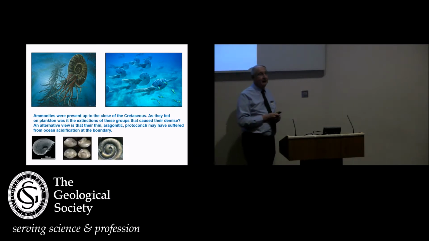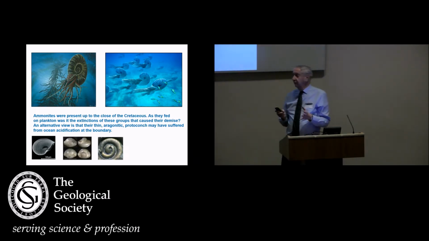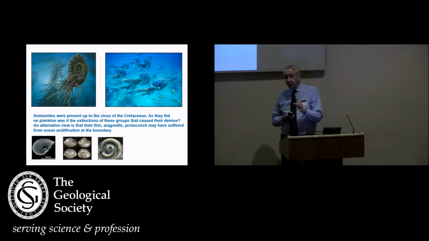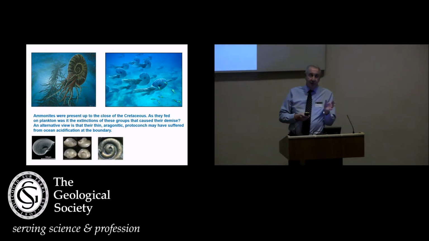That's it, you lose these protoconchs. So whether you want to blame the mosasaurs, or blame ocean acidification in surface waters for dissolving the very fragile aragonitic protoconchs of ammonites, we can have that debate.